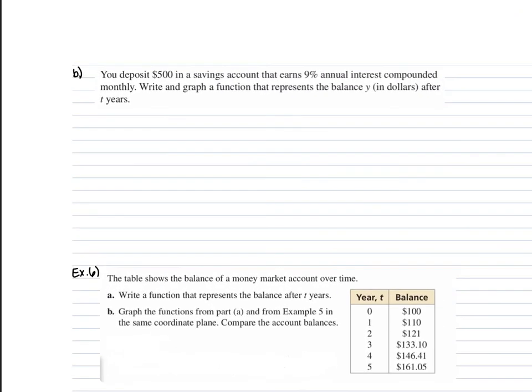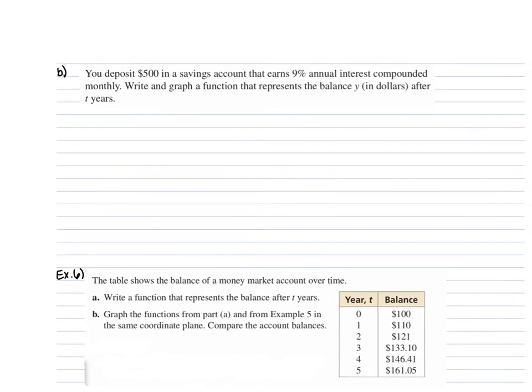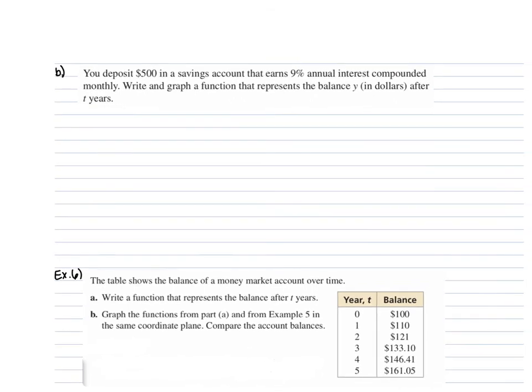If we look at example B, it tells us that we deposit $500 in a savings account that earns 9% annual interest compounded monthly. Write and graph a function that represents the balance y after t years. I just want you to write the function, that's all. So pick out your P, pick out your r, pick out your n.